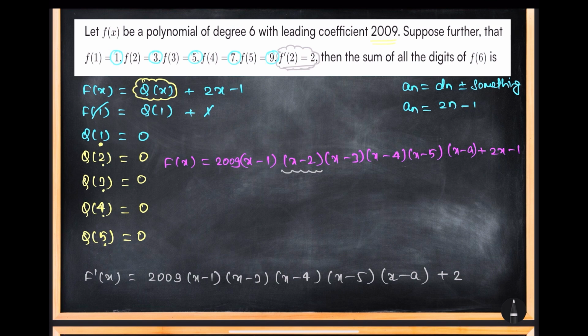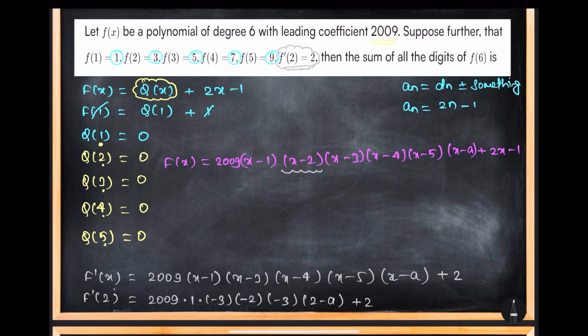Look here. You will be writing f dash 2 is equal to 2009 times (2 minus 1) which is 1, (2 minus 3) which is minus 3, (2 minus 4) which is minus 2, (2 minus 5) which is minus 3, (2 minus a), and then plus 2.